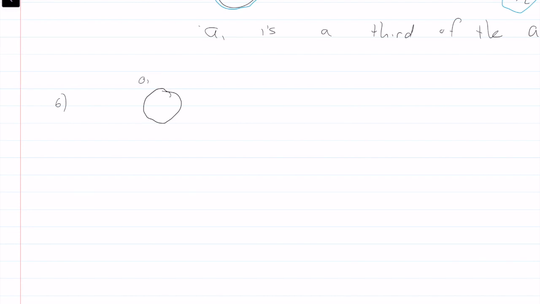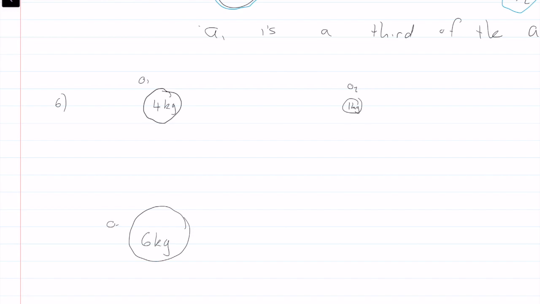Object 1 has a mass of 4 kilograms. Object 2 is going to be a smaller object, and it has a mass of 1 kilogram, and object 3 is going to be here, and let's say it has a mass of 6 kilograms.